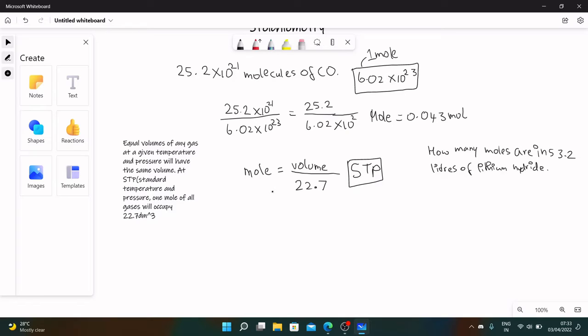Liters and dm³ are the same thing, so you don't have to worry. Over here you can see 22.7 dm³ or liters, or 1000 cm³. You need to know this conversion: 1 dm³ or 1 liter equals 1000 cm³.